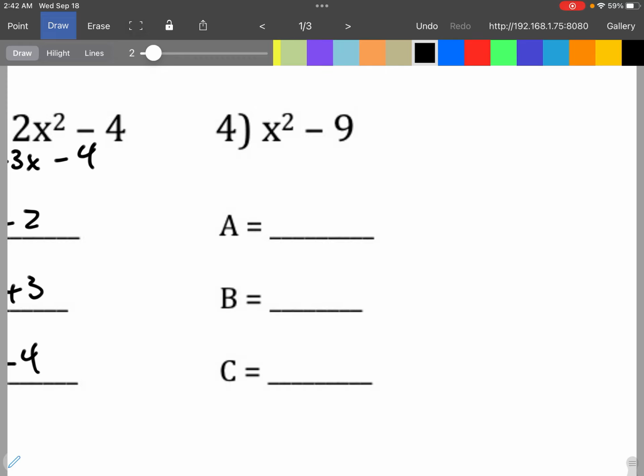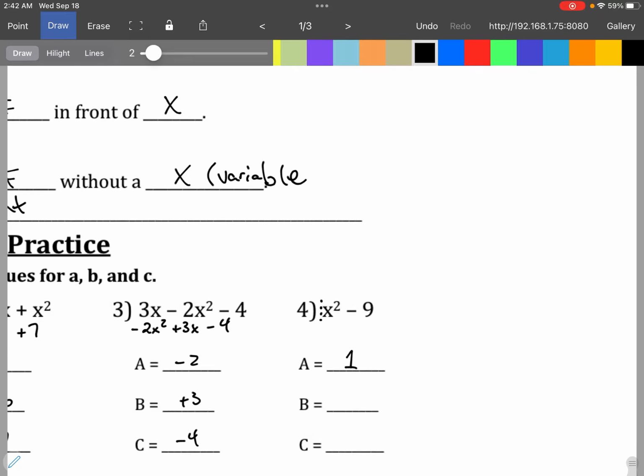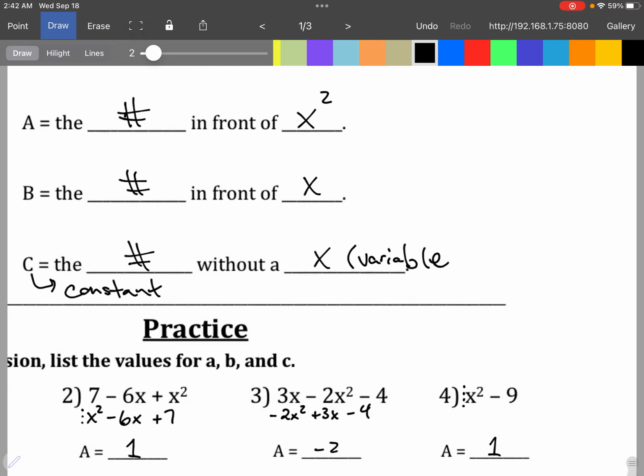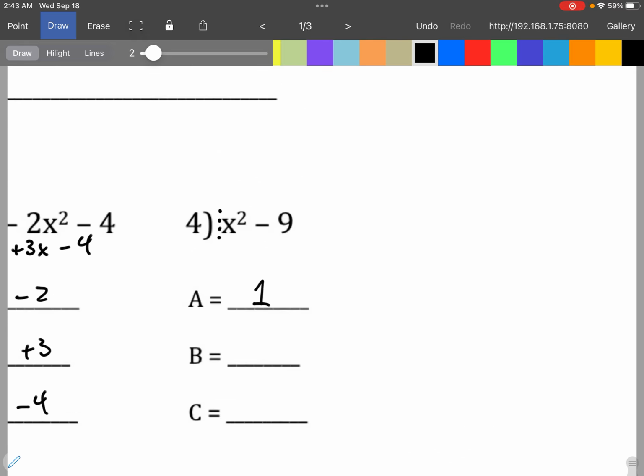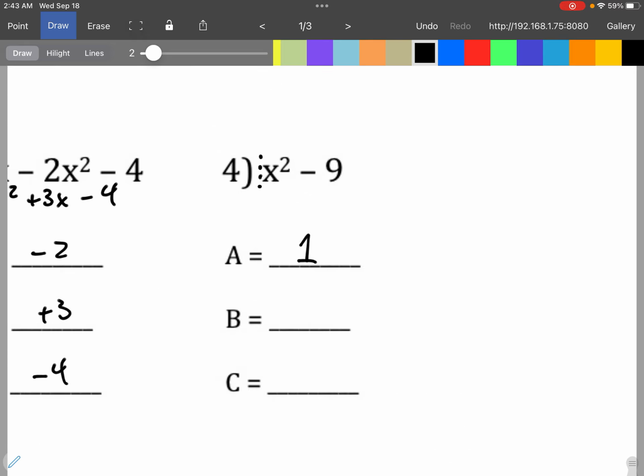And last but not least, it's only 2 terms right here, but we have to fill in. A is always in front of x squared, so 1 is my A value. B is always in front of a single x. It looks like we're missing a B. I'm going to say it's 0 because it's missing, or something happened to it.